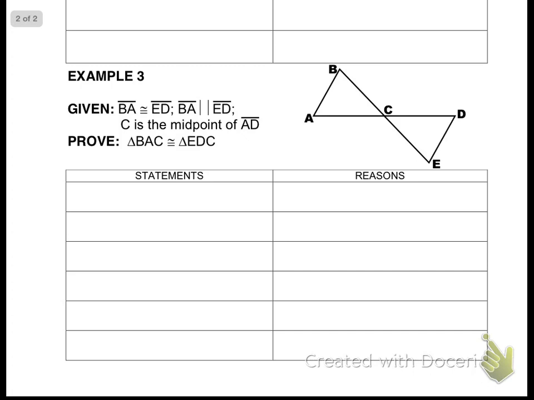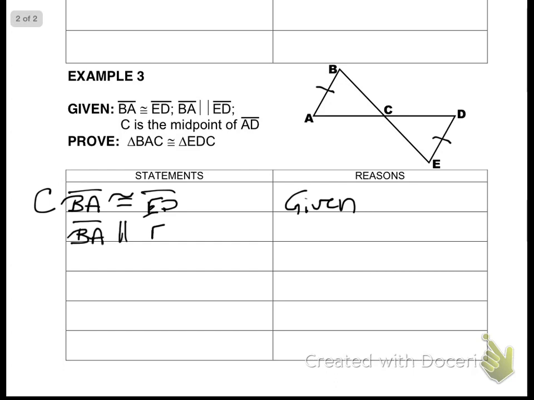Okay, side BA is congruent to side ED, so there's a congruency statement, and that's a given. So BA is congruent to ED, and then BA is parallel to ED, and that's another given.